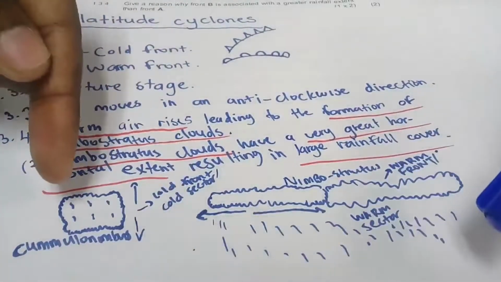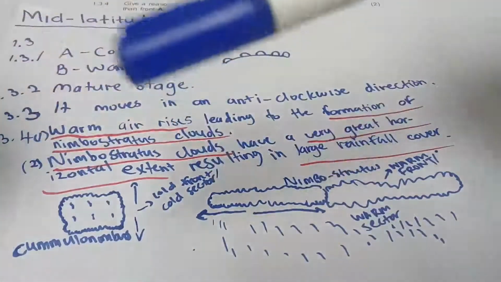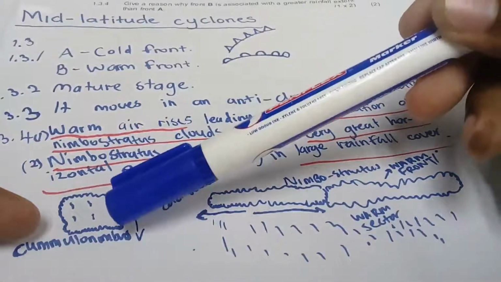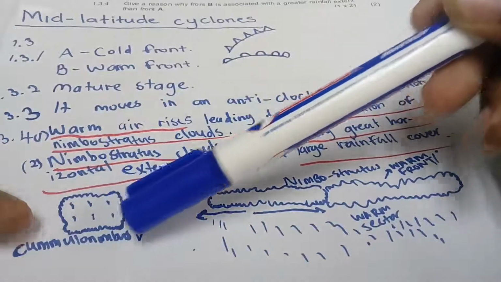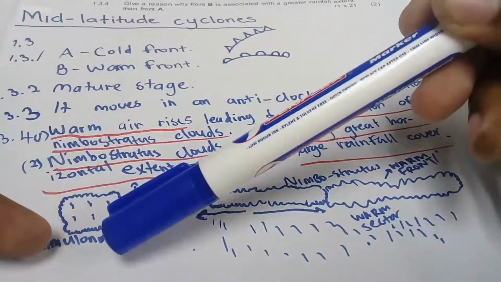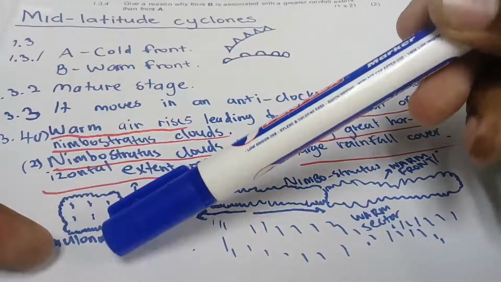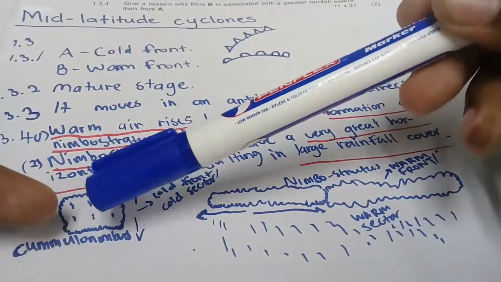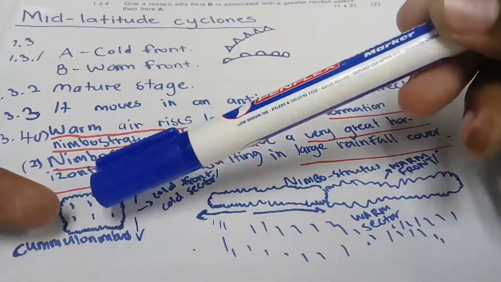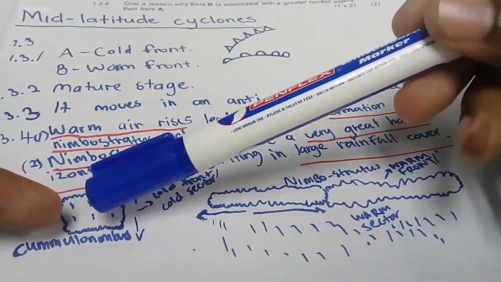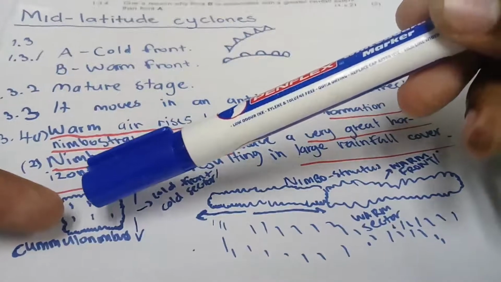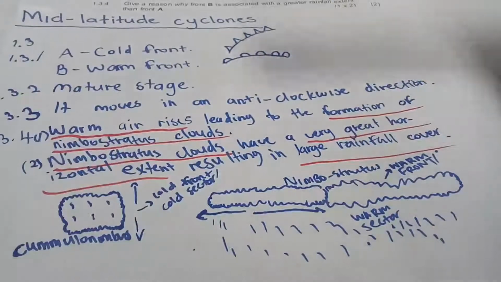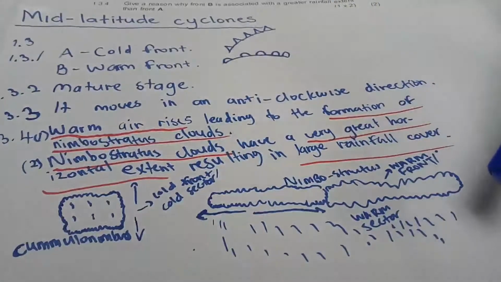But the cumulonimbus clouds can result in a smaller scale, but with much heavier rainfall and very negative and harsh effects.